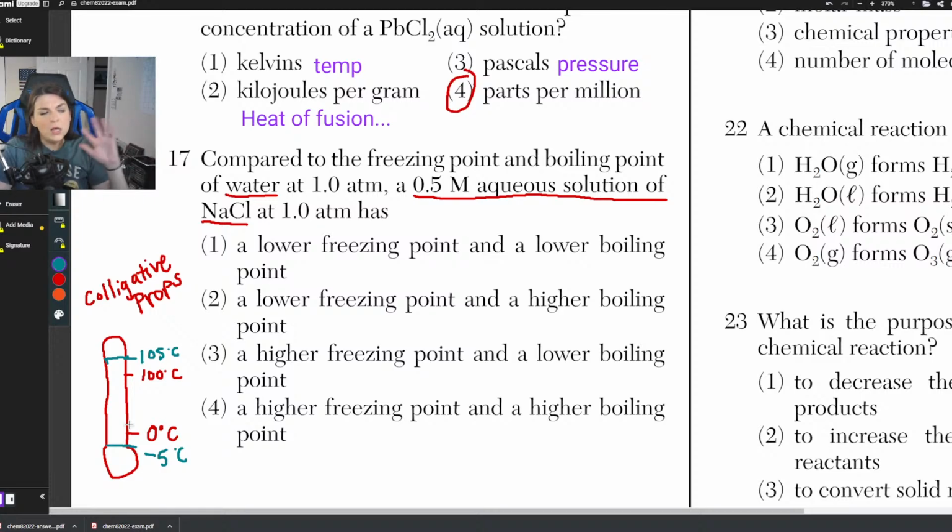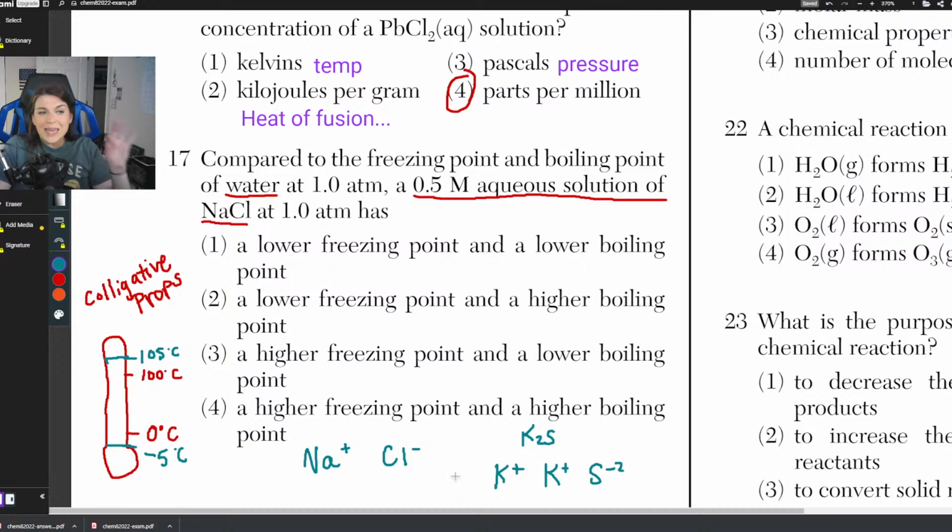Now back to that number of particles that comes out. NaCl is going to break apart into sodium and chloride. If I had, let's say, K2S, K2S would break into K, K, and S2-.